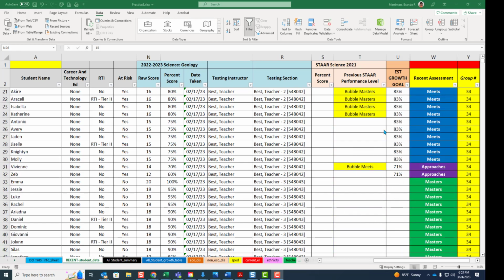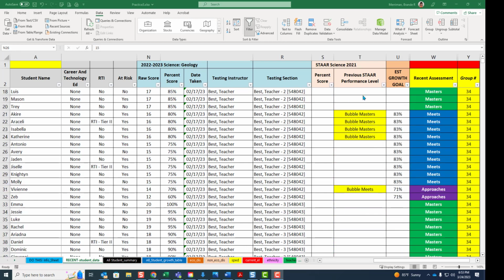It will also tell you which students are almost to the next bucket, like their bubble. So for example, these 4 kids right here scored at the 80 percentage, and to get to the next bucket, they only need 3 points. So they're almost there. That will give you some encouragement to share with those kids. Celebrate that they're at meets, because meets is where we want to be. But to get to masters, they just need 3 more points.